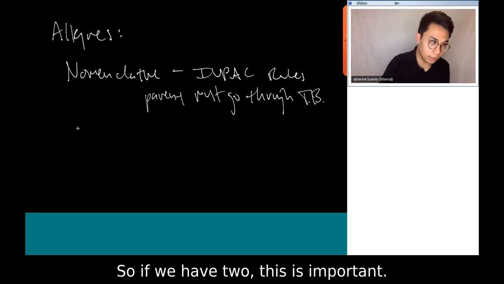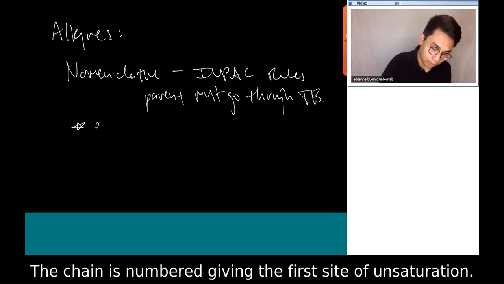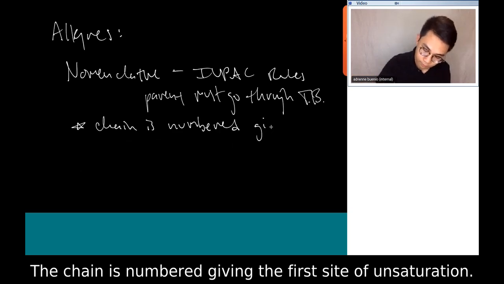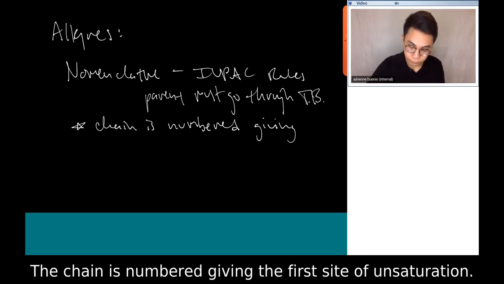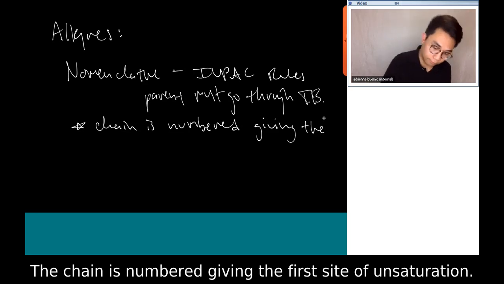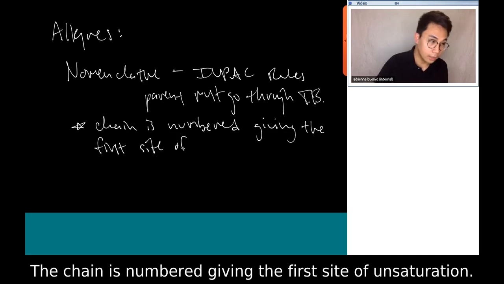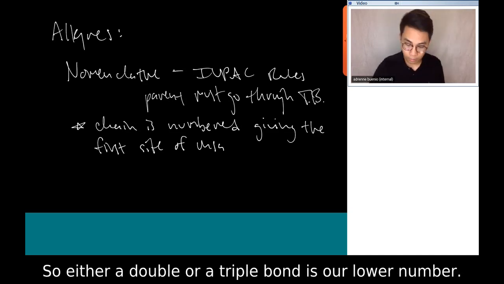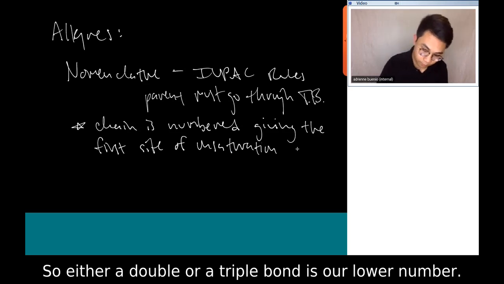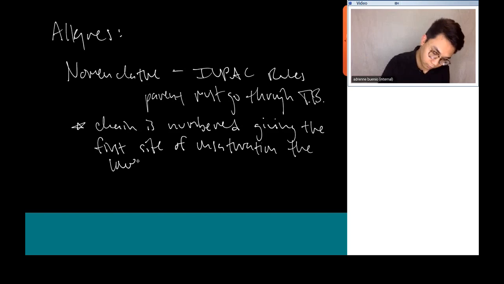This is important. The chain is numbered giving the first site of unsaturation, either a double bond or a triple bond, the lower number.